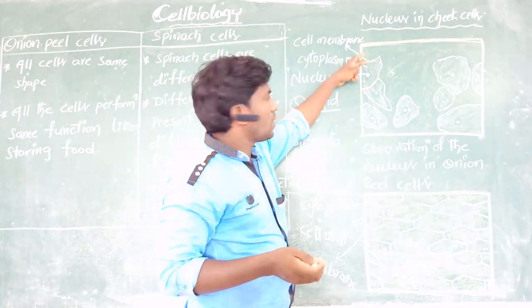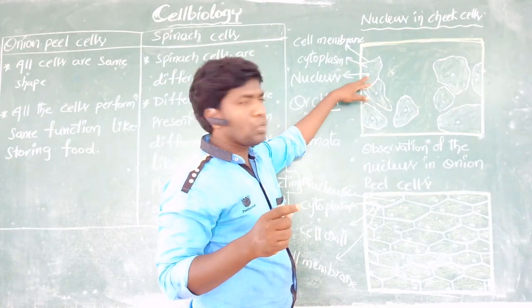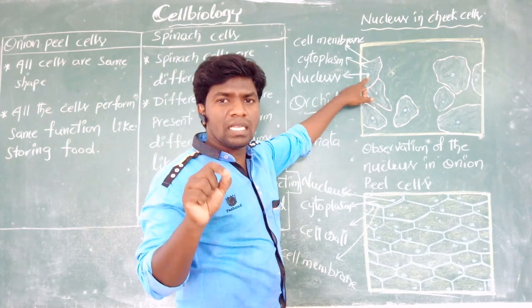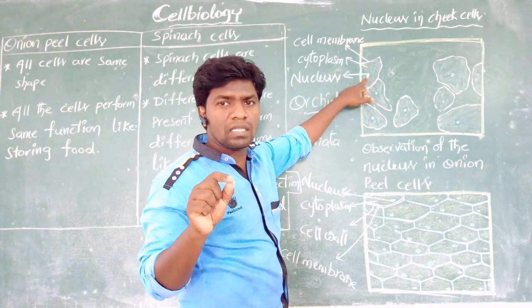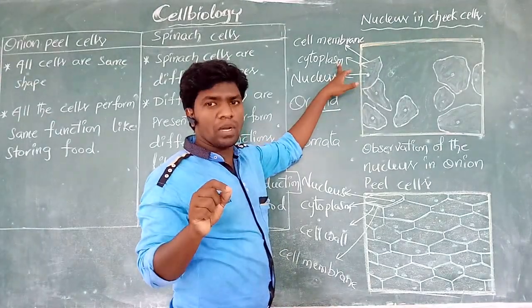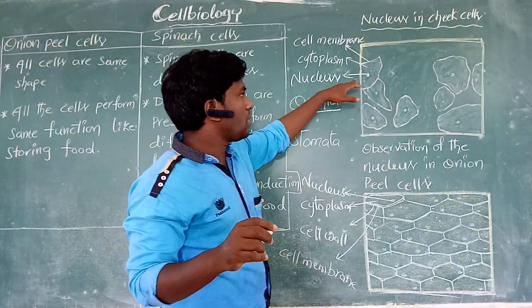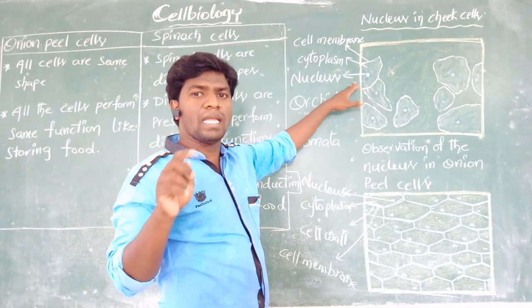Here this is cytoplasm. Between the cell membrane and the nucleus, a jelly-like substance takes place. That is cytoplasm. Clear? The nucleus is present in the center of animal cells.